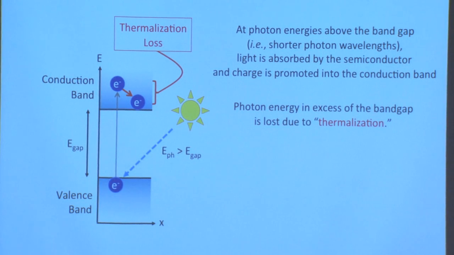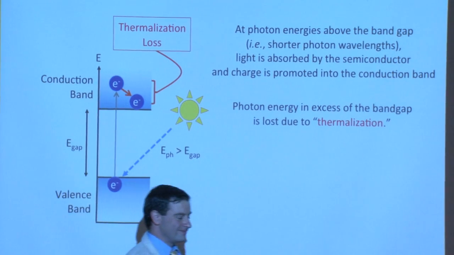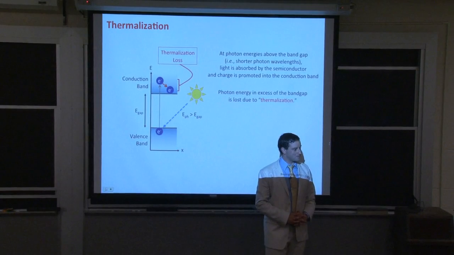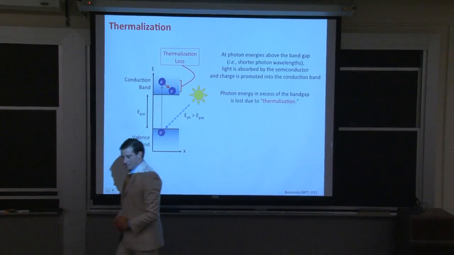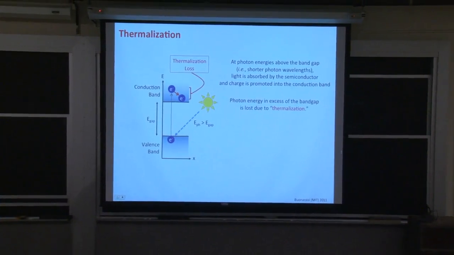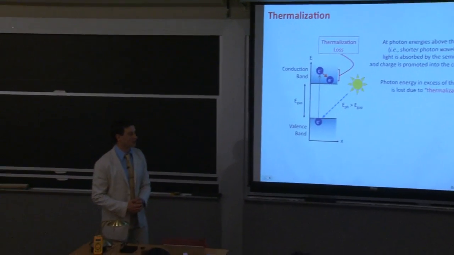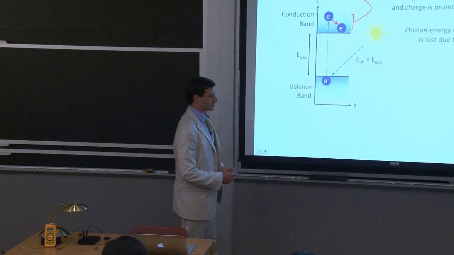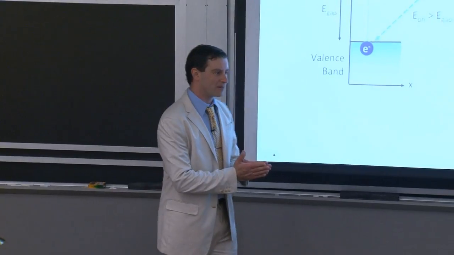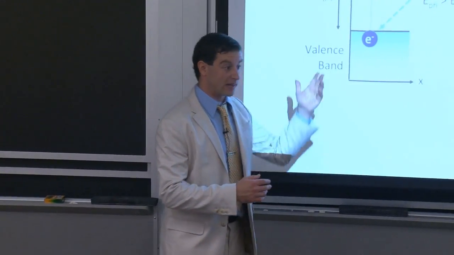Any questions so far? You said that the thermalization can result in heat being released or in phonons? Mm-hmm. Yep. So it's not the prime energy that we extract from the solar cell as electricity. In principle, if you could develop some clever way of extracting that heat, perhaps by slapping on a thermoelectric device in the back of your solar cell, then you could extract that energy as well.